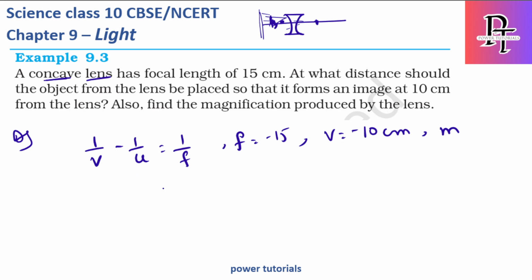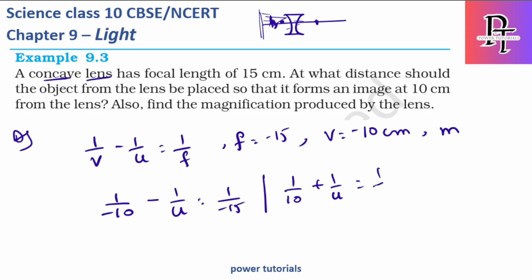Okay, let's find the u value. U value should definitely be negative, but still we'll see how much we get. V is minus 10, so 1 by minus 10 minus 1 by u is equal to 1 by minus 15. I'll just multiply by the minus sign so it will be easy without any confusion. 1 by 10 plus 1 by u is equal to 1 by 15.